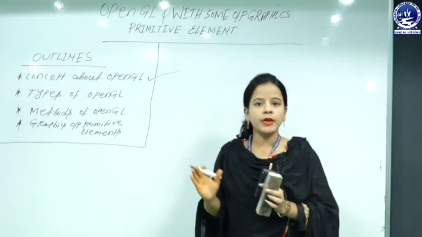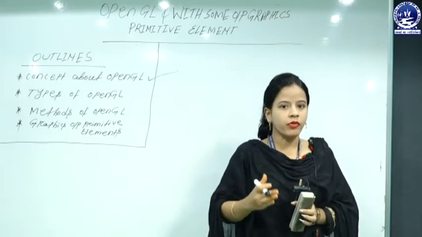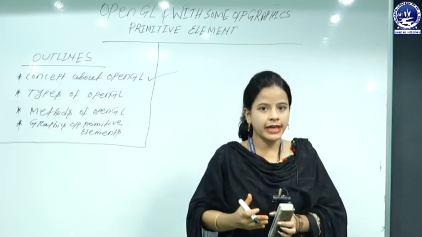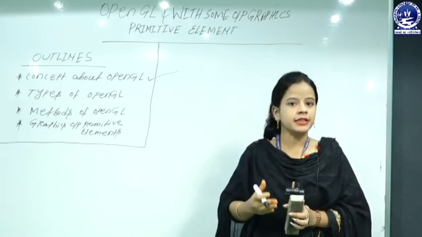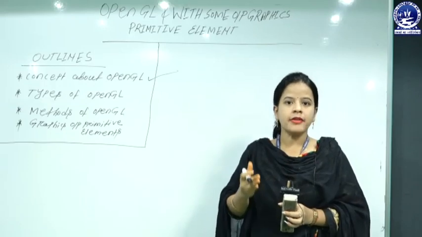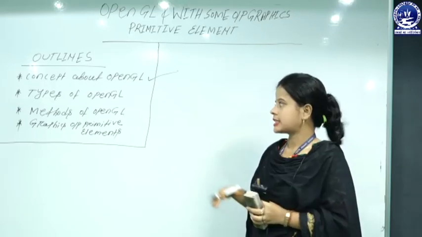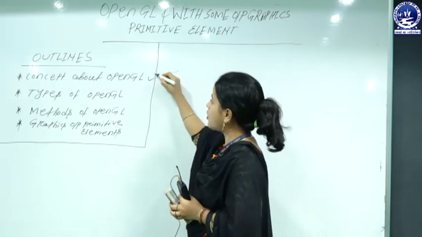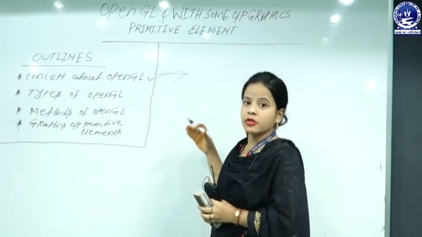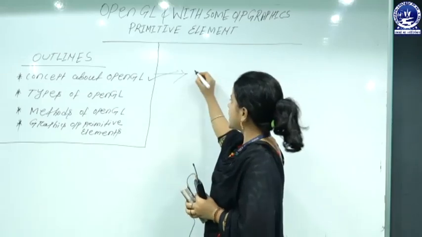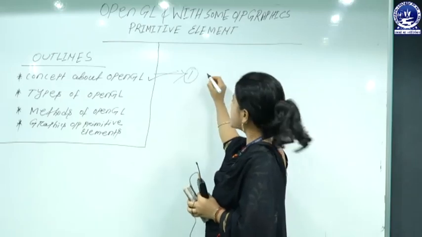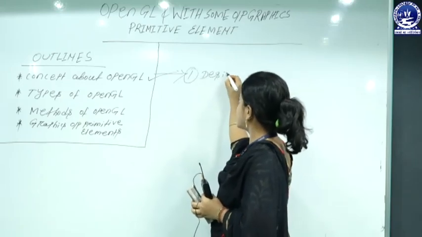Generally, when OpenGL software evolved, it followed some criteria. That means it consists of some components or elements for evolving this software. In the initial step, it consists of a component called design.